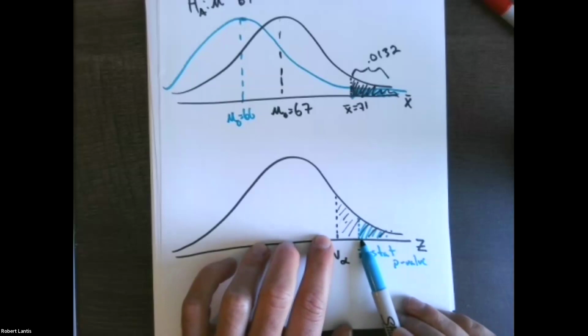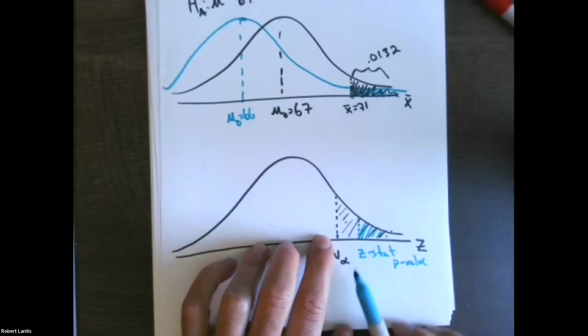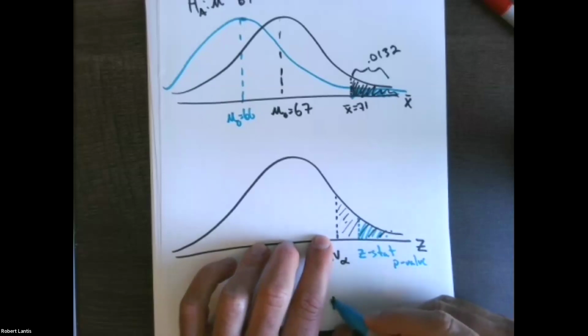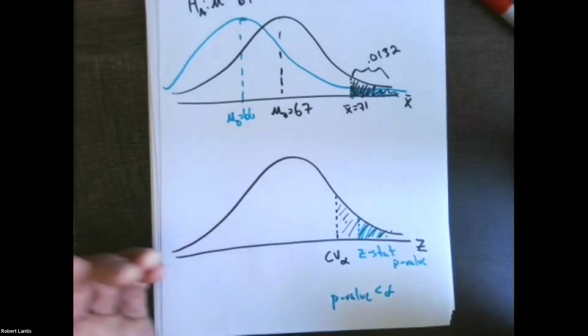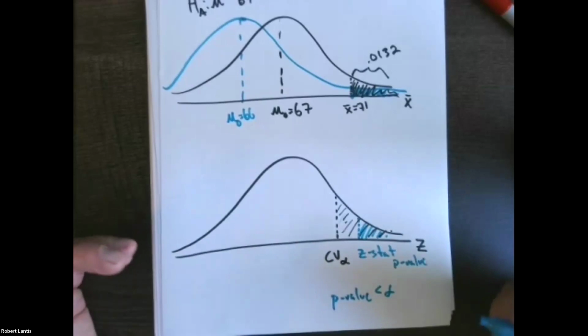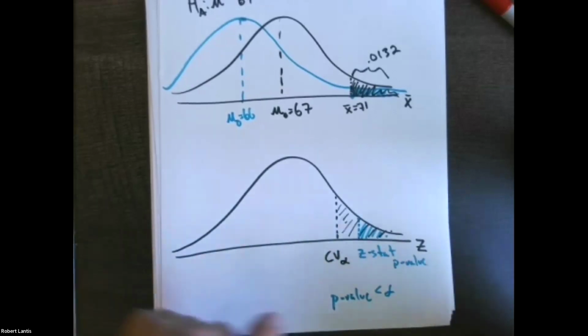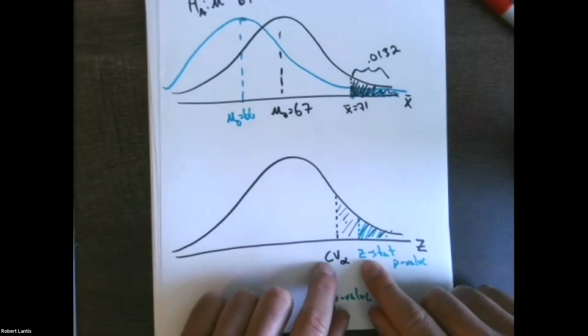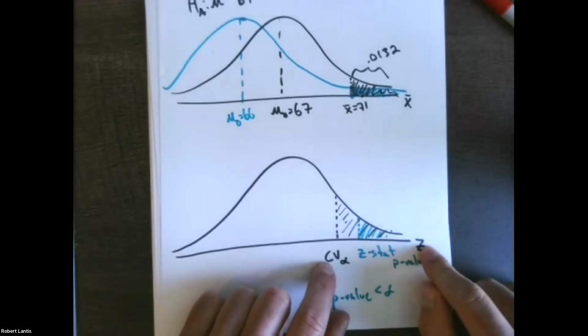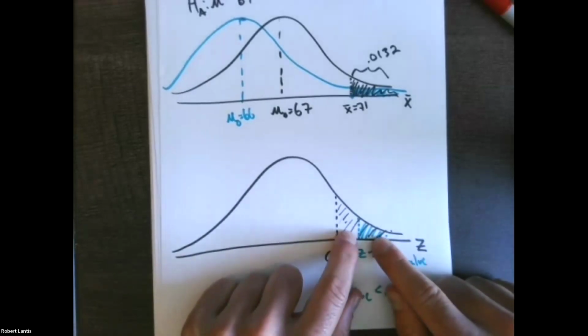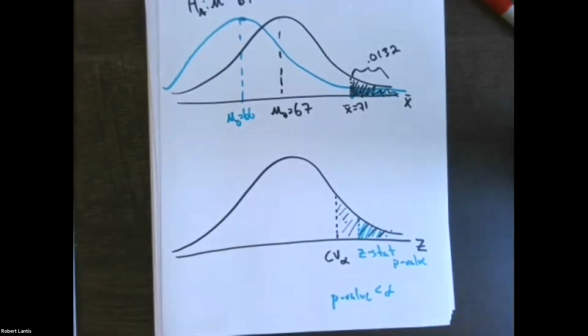Anytime the test statistic is greater than my critical value, that p-value will also be less than alpha. So it's really just like I'm comparing two different sides of the coin. I can either compare the z values, so notice critical values still represent a z value, or I can compare the area under the curve in the tail. But those two things are directly related. So it doesn't matter which way I do it, I can always find the same thing.